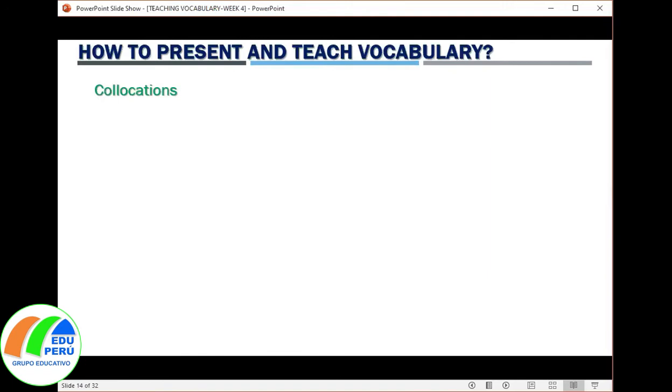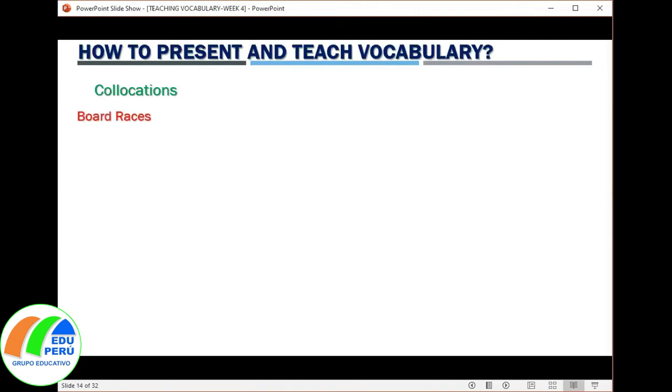Notice the difference: when we talk about synonyms, antonyms, or prefixes and suffixes, these words are presented in isolation, one word, happy, sad. But when we talk about collocations, we are going to join 2 or 3 words together.